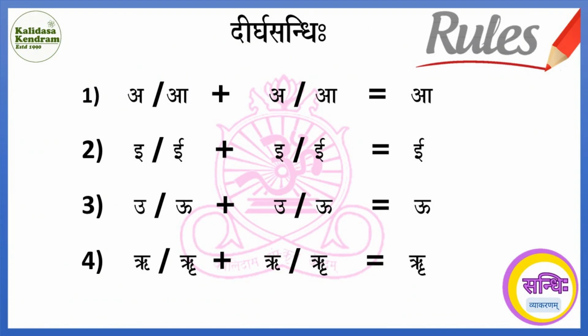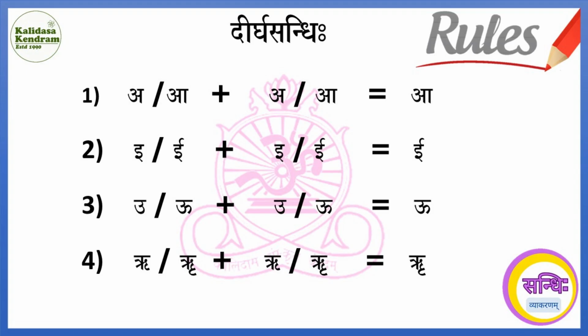Let's go to the next slide. We understand the rule one by one. There are 4 rules in this Sandhi. Understand, the name of the Sandhi describes the nature of the Sandhi. Deerga means long, so we can understand it concerns long vowels. How the long vowels are formed, that we can understand in this Sandhi. Rule 1: a or ā plus a or ā. What do you mean?